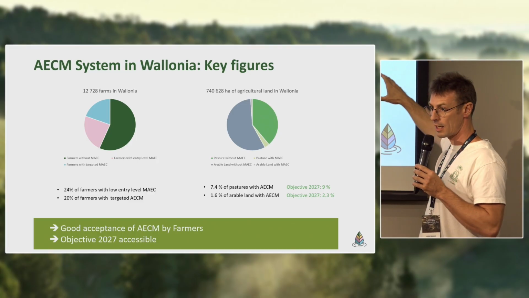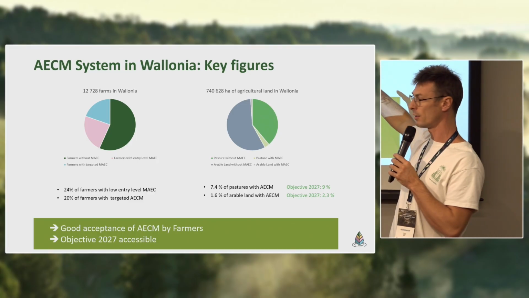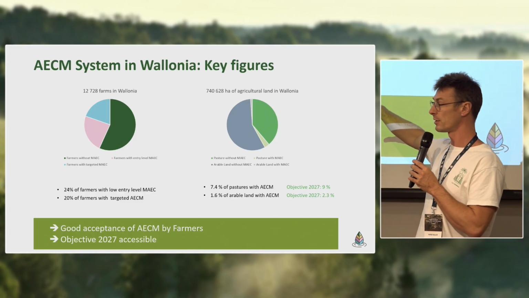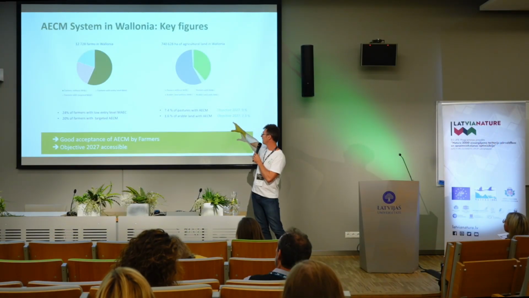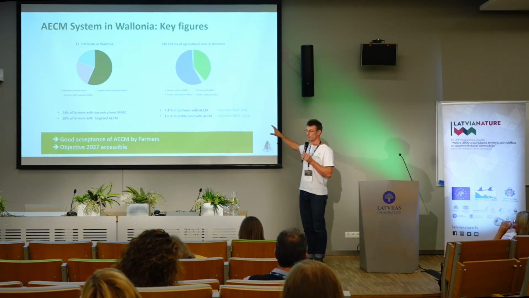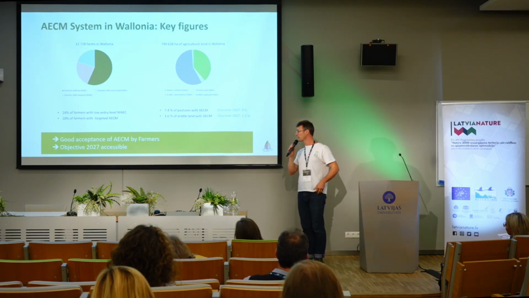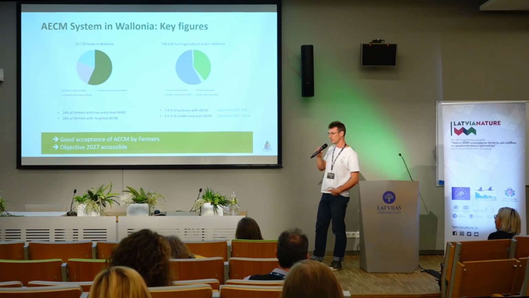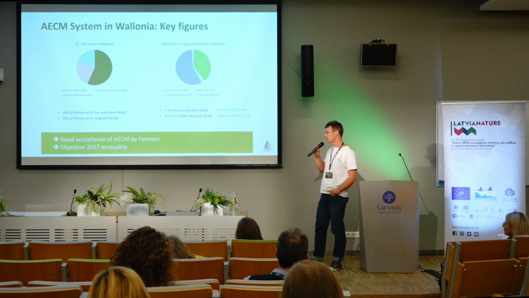And concerning the area, about 7% of the pasture has schemes, and 1.5% of the arable land has schemes. So we are reaching the CAP objectives for the end of the current CAP. So in conclusion, we have good acceptance of the schemes by the farmers, and we should reach the objective for 2027.